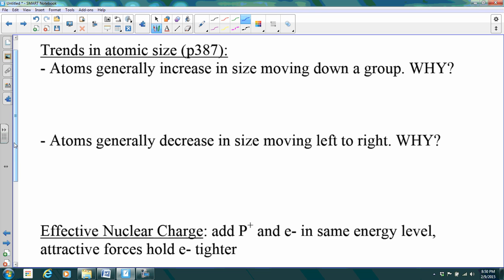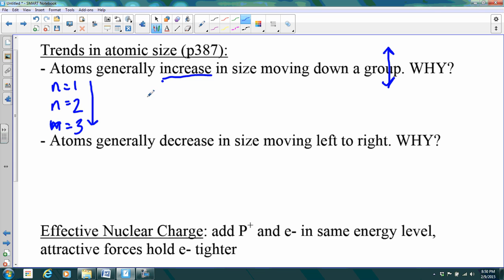It says that atoms generally increase in size moving down a group. Remember, in a group we're talking about up and down; these are our families. When I go down a family, I am talking about energy levels: N equals 1, N equals 2, N equals 3, and so on, with N representing the energy levels. As we go down our group, we have a greater number of energy levels.